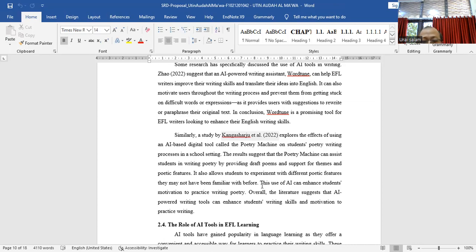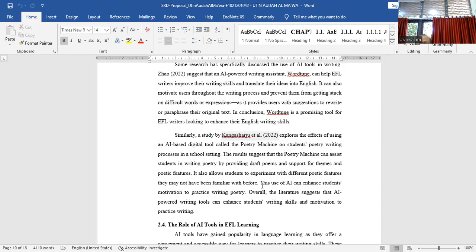Now, if your friend asks you about the gap, the biggest and very useful gap is that our research is in the Indonesian context. It is very important. For Indonesian education, it is terribly needed.